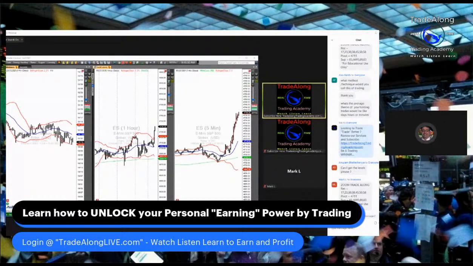All right, the market continues to uptick here. Next resistance area is up at the 45 area.